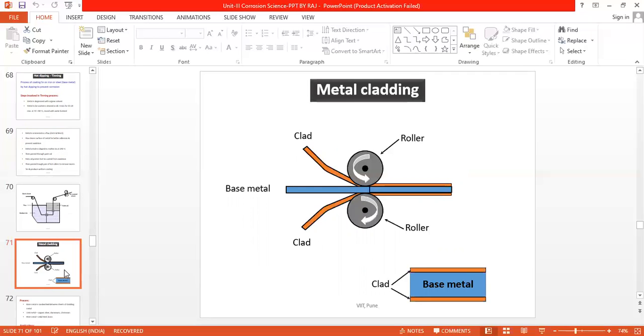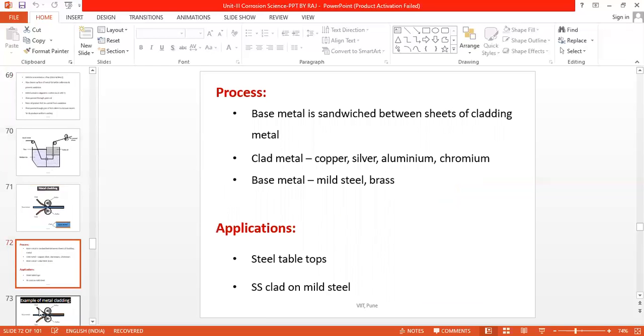In this case the base metal is cladded with the coating layer on one or the other side and then passed through a pair of hot rollers, so the coating layer gets merged with the base metal and you get the cladded metal. The uppermost layer of the cladded metal will be rich in the coating metal, whereas as we go to the bulk, it will be rich in the percentage of base metal. So this is the metal cladding, and Alclad is used in the aeroplane body.